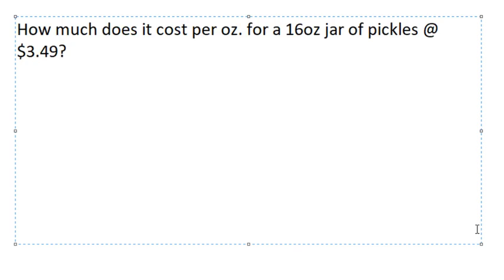I got another question from Betty relating to how much does it cost per ounce for a 16-ounce jar of pickles at $3.49. So a cost per ounce would be taking the cost of the total jar, dividing it by the number of ounces.